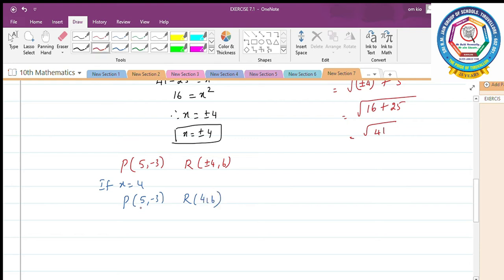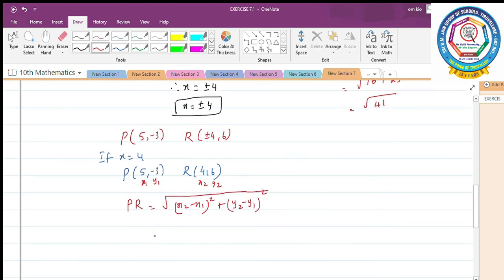So this is x1, y1, this is x2, y2. We have to find the distance between PR if x is equal to 4. Then square root of (x2 minus x1) the whole square plus (y2 minus y1) the whole square. This is equal to square root of x2 is 4 minus x1 is 5 the whole square, plus y2 is 6 minus y1 is minus 3, minus of minus is plus 3, the whole square.